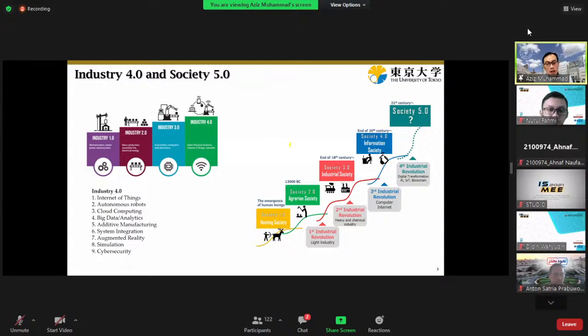When we check the history, different paradigms in society initiated different ideas. When we discussed smart city around 2010, in the Japanese case we didn't like to use the words smart city, so at that time we adopted smart society.